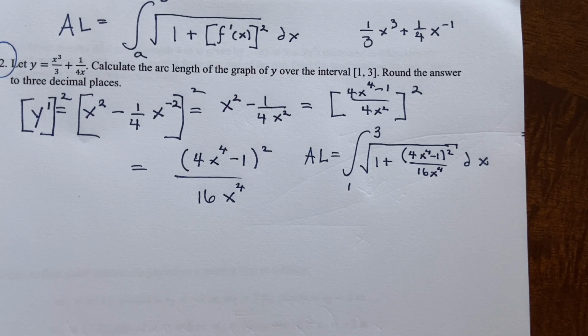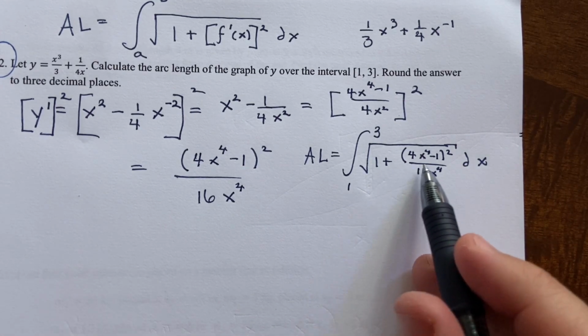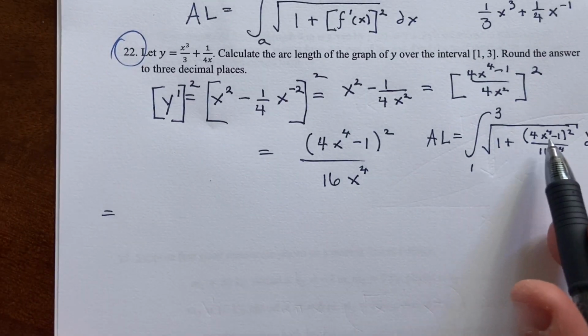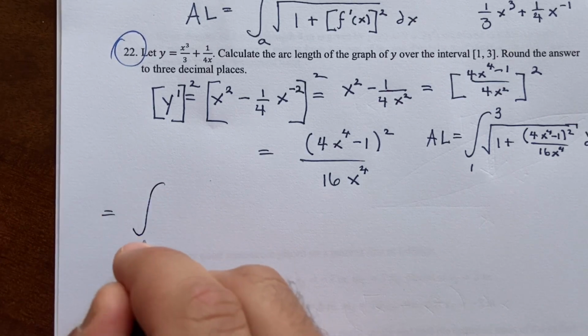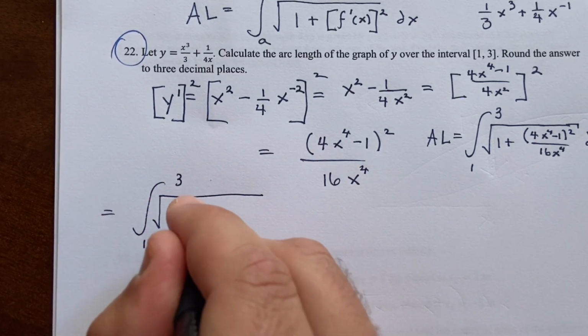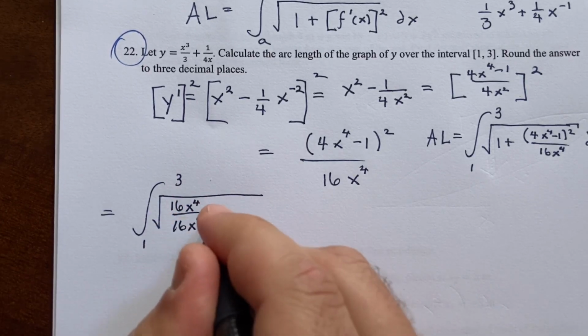Okay, so the goal now, or a goal, can be to get these fractions together. So to do that, I'll get a common denominator. So 16x to the 4th over 16x to the 4th, I can think of that as 1.